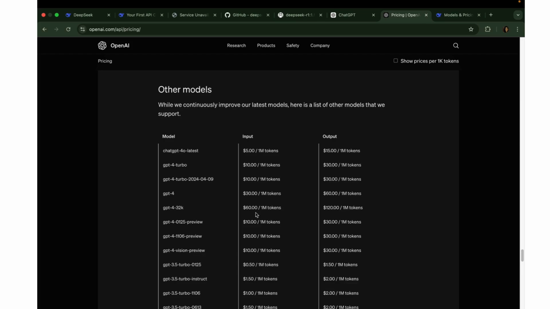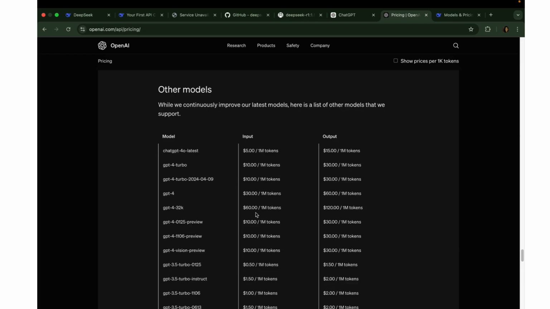Now let's say that you're sending a 1000 token prompt and the model generates a 2000 token response. For the 8K context window, your input will be $0.03 per 1000, which is $0.03, and for your output it will be double, which is $0.06 per 1000, times 2000, which will cost you around $0.12.